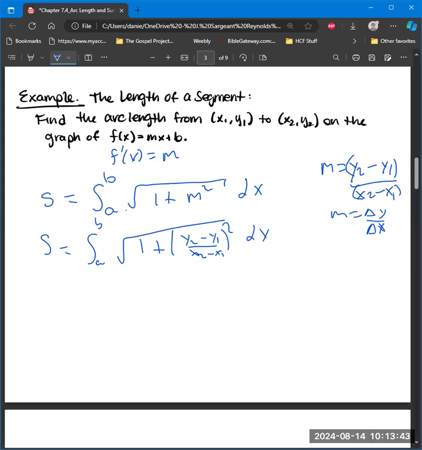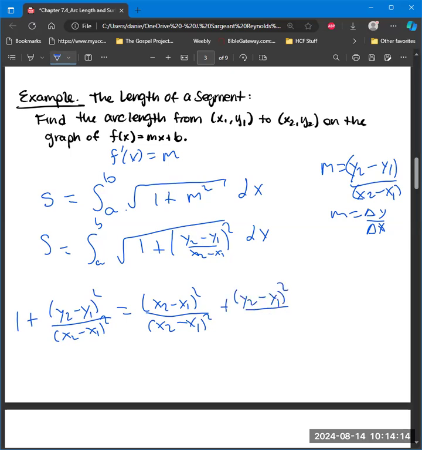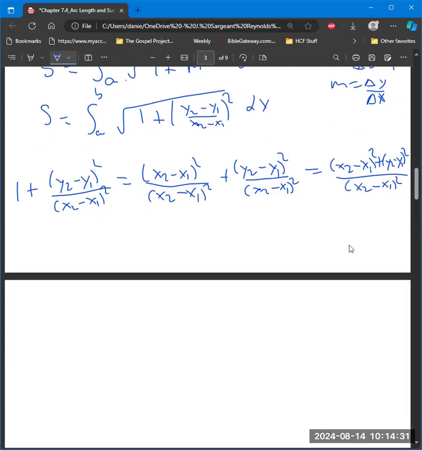Just note that if we wanted to make a common denominator here, we would have to say 1 plus y2 minus y1 squared over x2 minus x1 squared is equal to x2 minus x1 squared over x2 minus x1 squared plus y2 minus y1 squared over x2 minus x1 squared. Let's come back and plug that in.